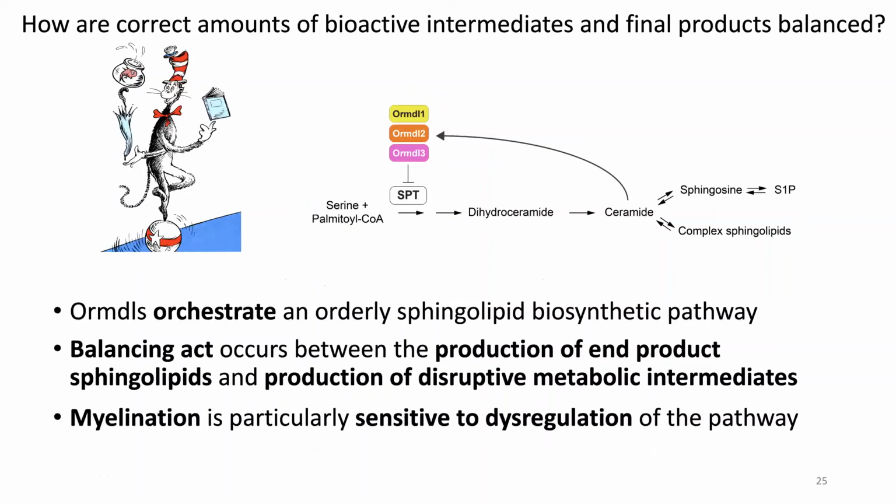There's a balancing act that occurs between the production of the end product sphingolipids for myelin and the production of the metabolic intermediates, which could be disruptive if produced at high amounts. And myelination is particularly sensitive. That's basically the observation that we found to dysregulation of the pathway, presumably because there's such a high flux of sphingolipid metabolites moving through the pathway.